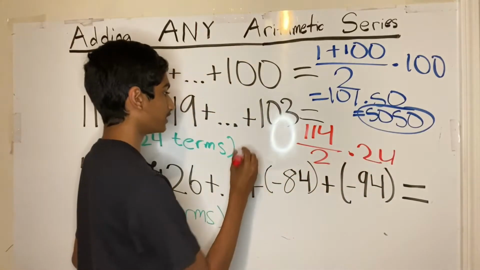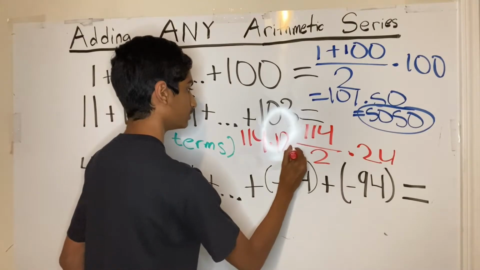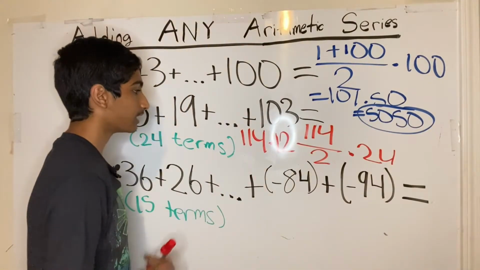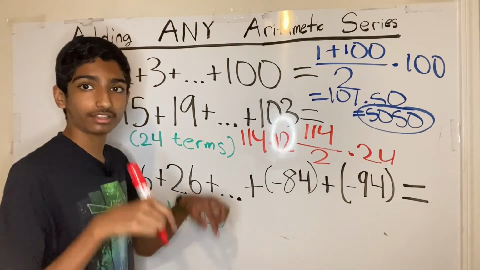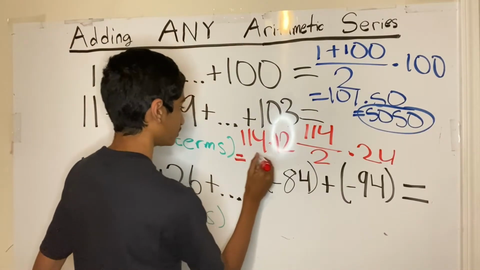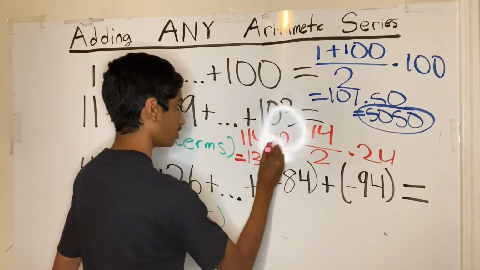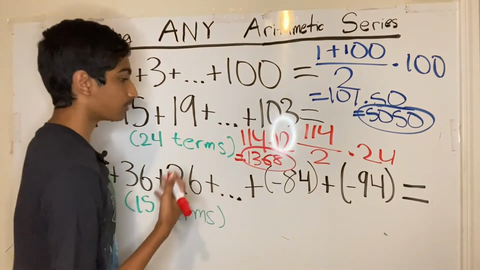We can simplify this to become 114 times 12. I covered a video on how to multiply by 12 really quickly, and I'll link that in the description and right up here. So this is just 1368, and that's all for that problem.